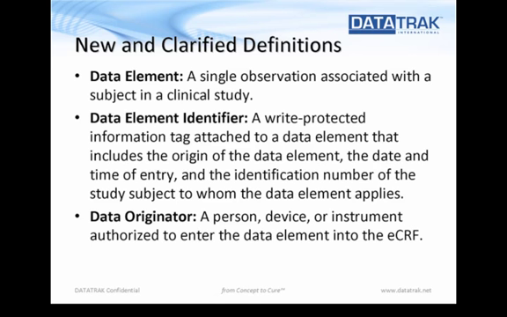The data element identifier is going to be a tag that's related to this data element, and it's going to include the origin, the date and time of entry, and it's going to show which study subject specifically to whom the data element applies. Third, there's going to be a data originator. This is going to be who originated the data into the ECRF. It could be a person, a device, or maybe even an instrument authorized to enter the data.